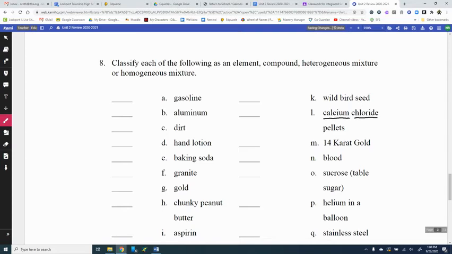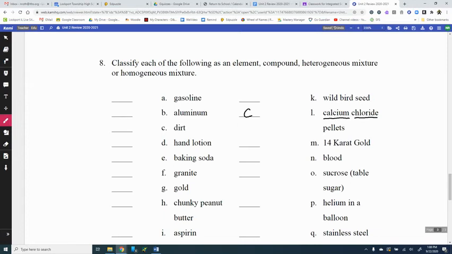Those are two elements bonded together, so that is a compound. Okay. Pretty much everything else is going to be some kind of mixture. And in that case, you just picture the thing and determine, can you see the different parts of it or not? If you can, then it's going to be heterogeneous. If you can't, it's going to be homogeneous.